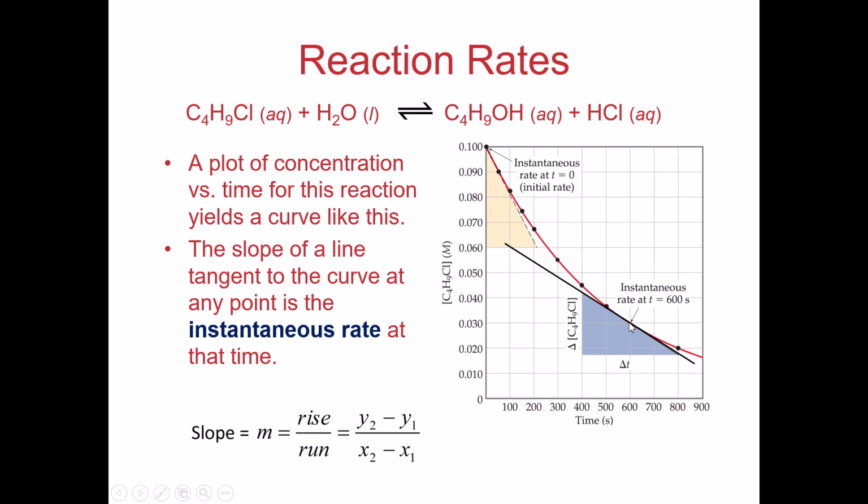At time equals 600 seconds, what is the rate? In order to calculate the rate in these instantaneous time periods, we just need to know the slope at that point. So we can draw a tangent line, which is a line that meets our curved data line at the point of interest, and then calculate the slope of that line.